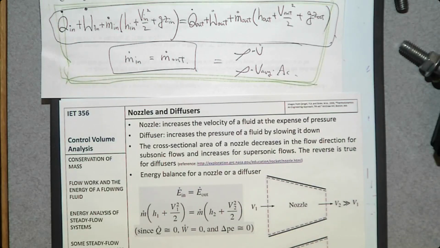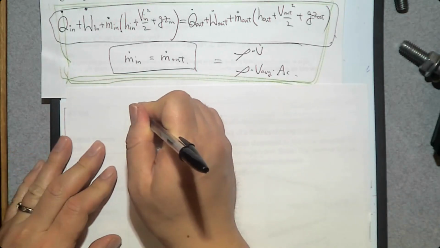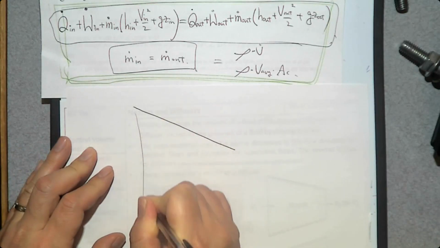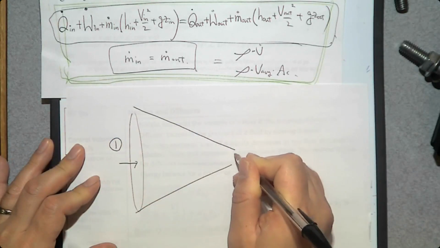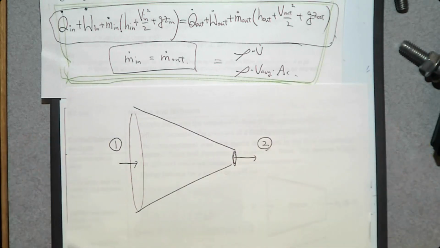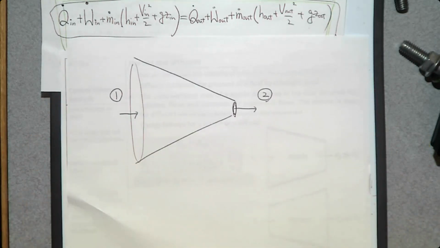So why does it happen? Let's talk about the thermodynamics. A nozzle is a simple device that has a large opening at the inlet, which I'm going to say is number 1, and a small cross-sectional area at the exit, number 2. Then there are 2 equations that we studied.